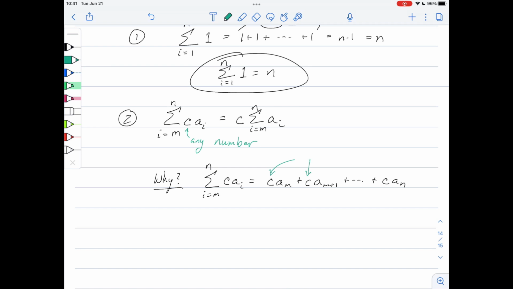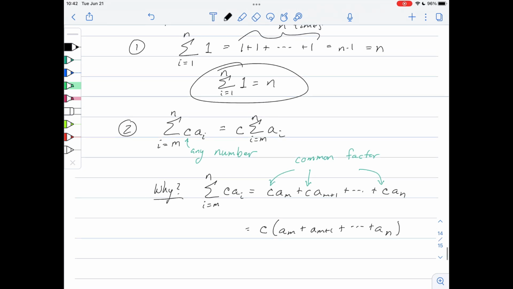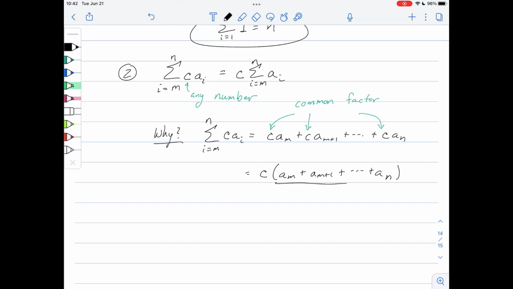So we can just pull it out. And we get c times a sub m plus a sub m plus 1 plus a sub m plus 2 all the way up to a sub n. And we know that a sub m plus a sub m plus 1 all the way up to a sub n is just the sum from m to n of a sub I. So it's c times the sum of a sub I.